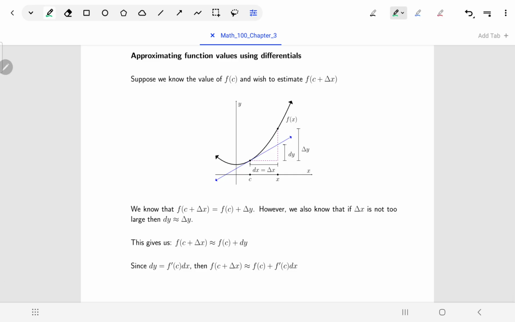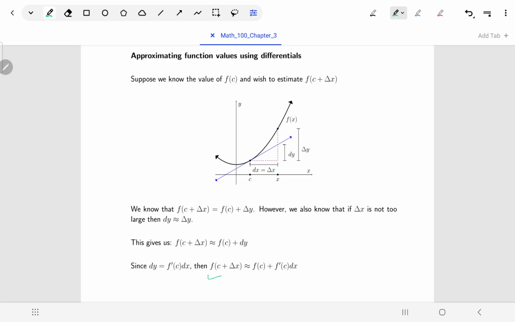So that's the idea here, that if you wanted to find the y value on your curve, take the original y value at your starting point and add on how much of a change in y you have. And of course, we use the fact that dy, our differential, is f prime times dx.